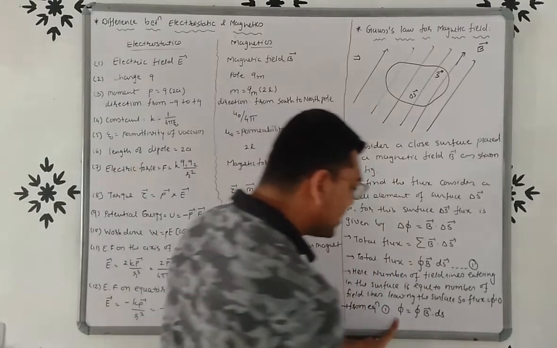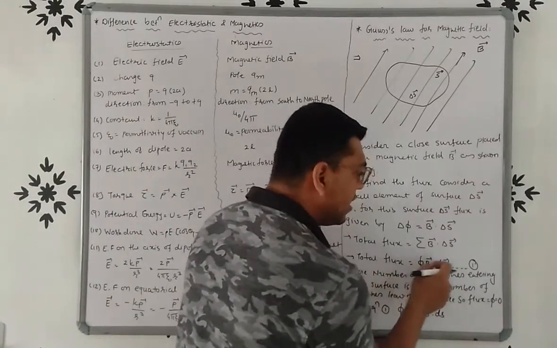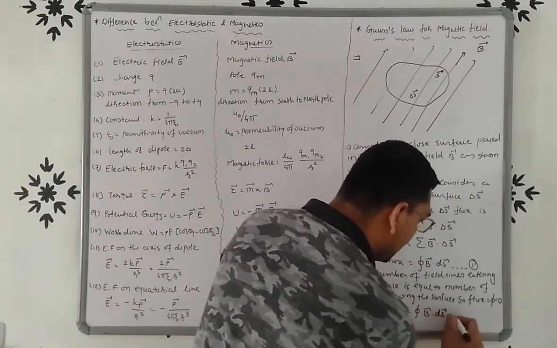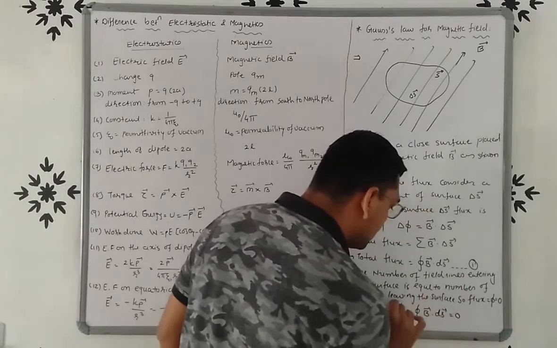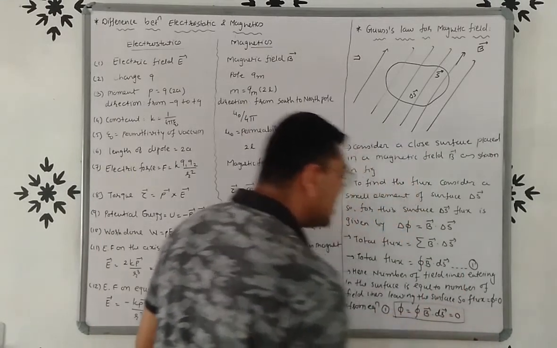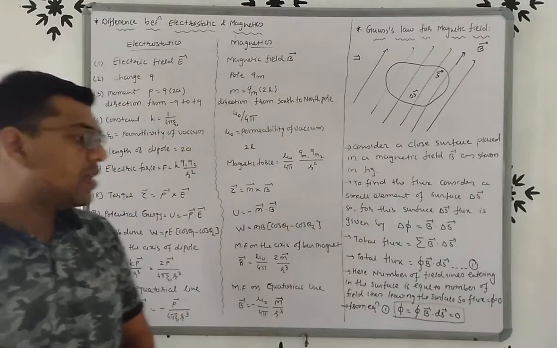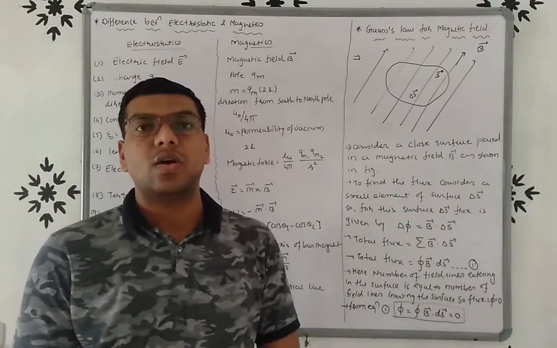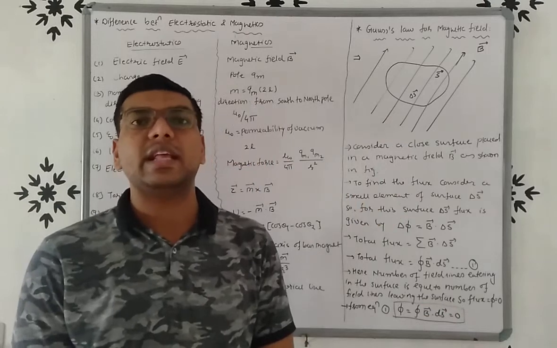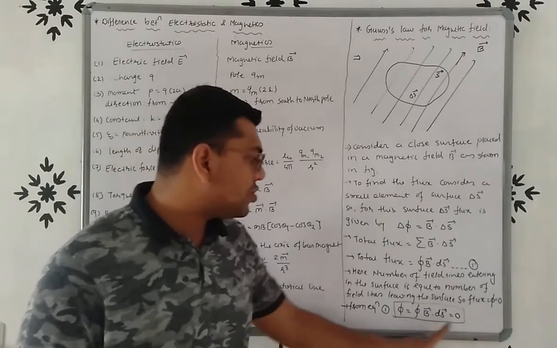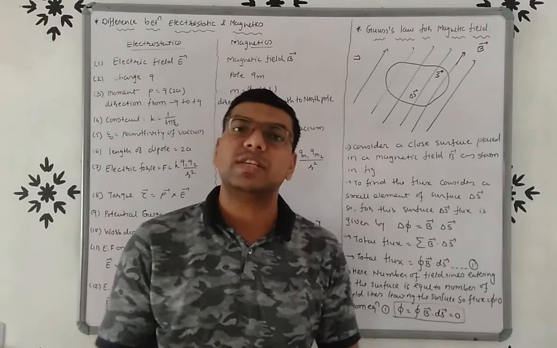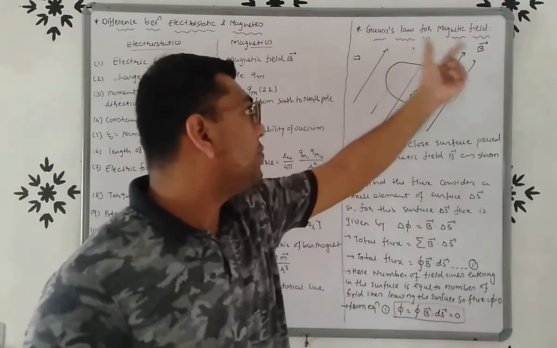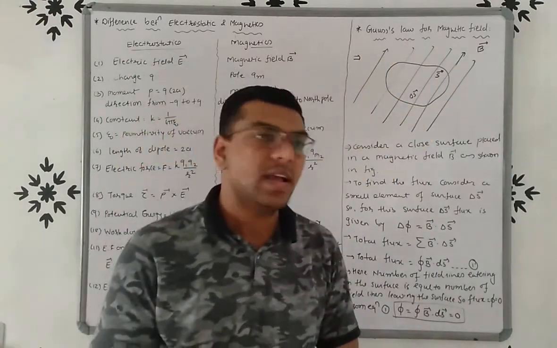So total flux phi is equals to closed integral of vector B dot vector ds is equals to 0. So we can say that the magnetic flux through any closed surface is equals to 0. So this is the Gauss law for magnetic field, right?